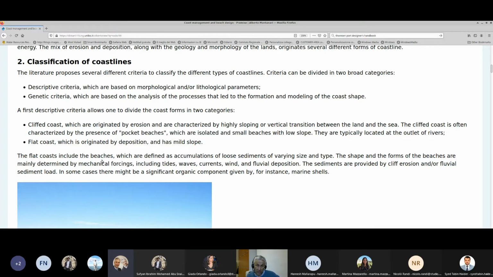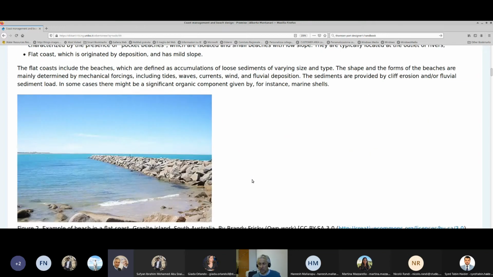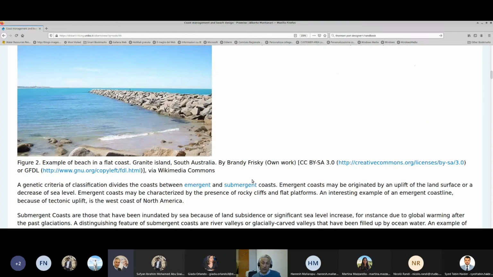You may find pockets with flat coast and beaches. The beaches are extremely important for tourism and for many other reasons, and also for ecosystems. And they need to be protected because the equilibrium between fluvial deposition and wave erosion is very delicate again.